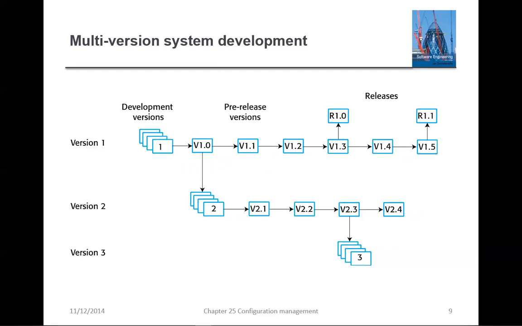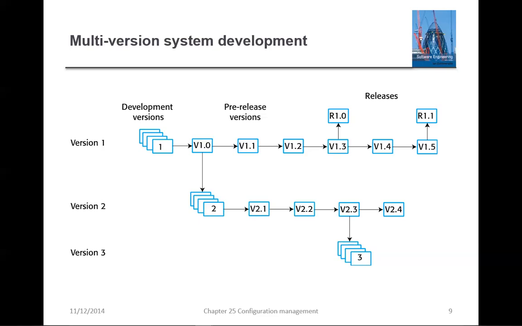Version 1.5 of the system has been developed to repair bugs and improve the performance of the first release of the system. It is the basis of the second system release, referred to as R1.1. The second one, version 2.4, is being tested with a view to it becoming release 2.0 of the system.